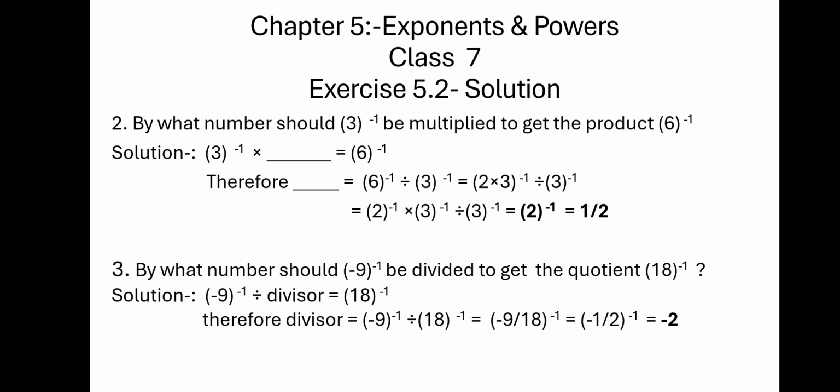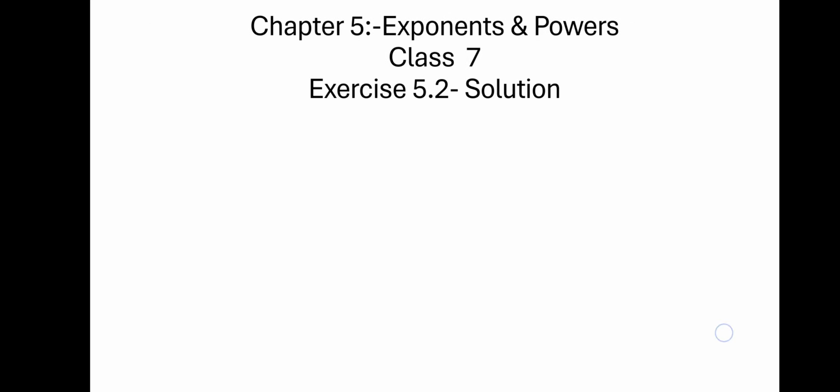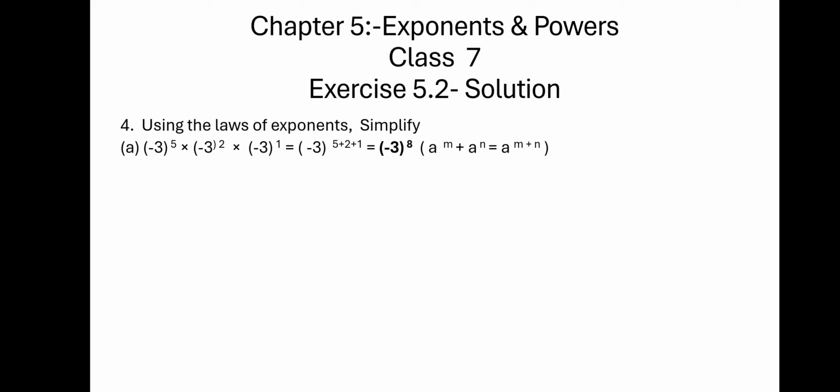Now again, as I have told you in the previous question, a raised to the power of negative m is 1 upon a raised to m. So here negative 1 upon 2 will give you the reciprocal, negative 2 raised to 1. So that is the answer.